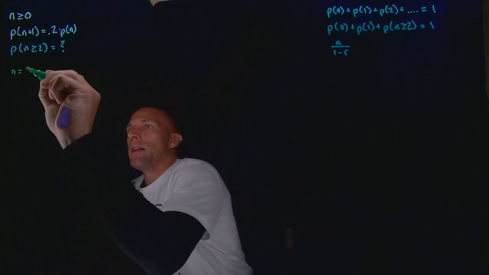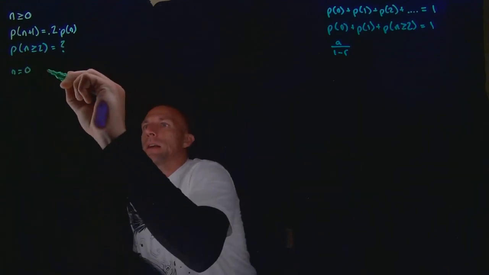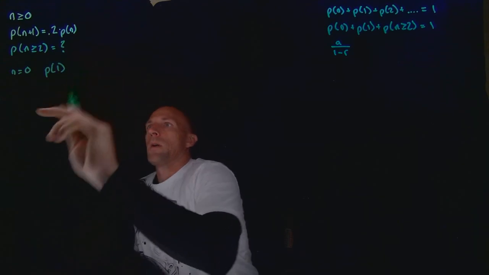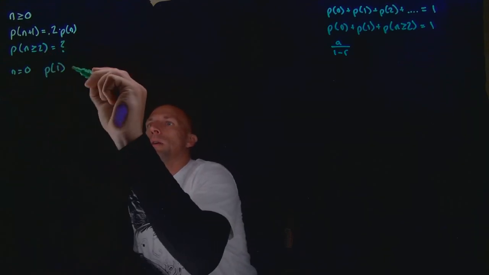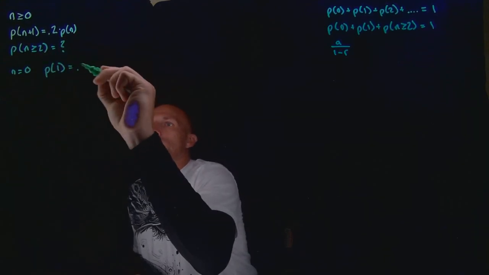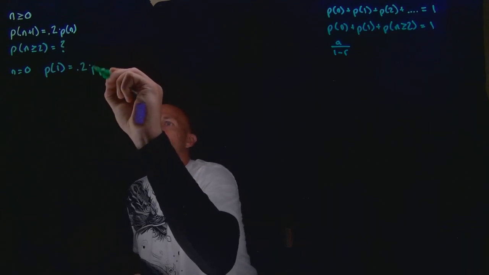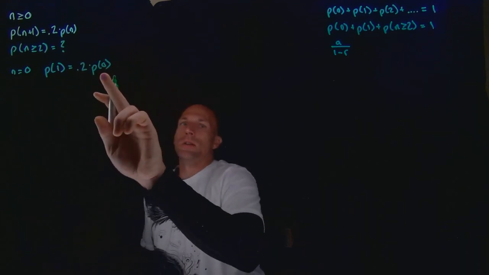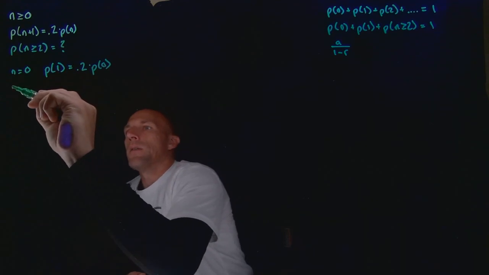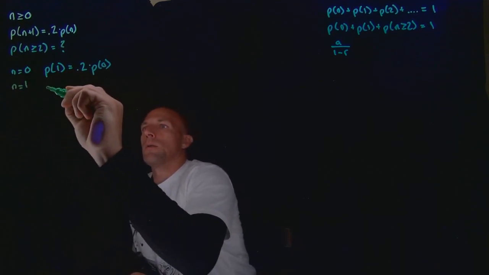Suppose we start from n equals 0, then that's going to give us 0 plus 1, so P of 1 is equal to 0.2 times probability of 0. And if n is equal to 1, we can do the same thing.